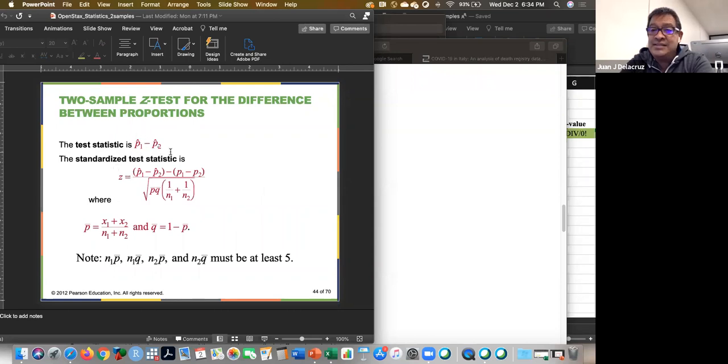The test statistic, this unbiased predictor, is going to be the difference between the two sample proportions. So this is the observed difference, and this is the hypothesized difference. The observed difference is what we get in our experiment.